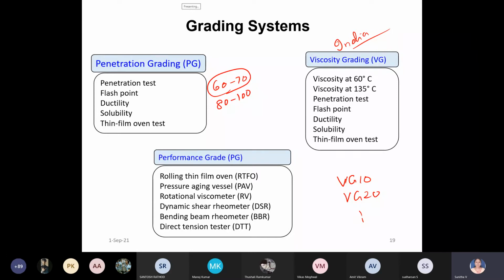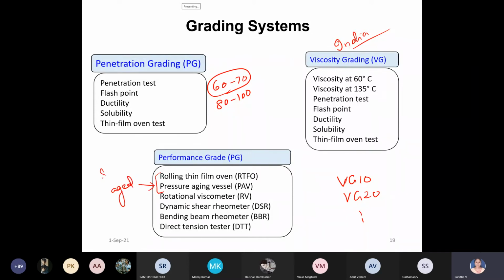The same bitumen, if you test it after 20 or 30 years, you can't expect the same properties or even the same viscosity. It will change. To find that, you test the aged bitumen.